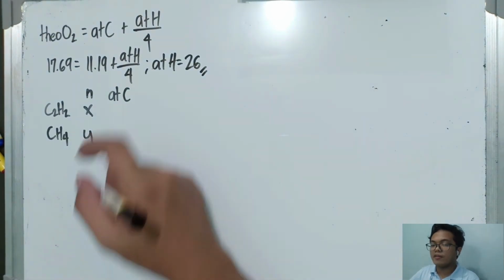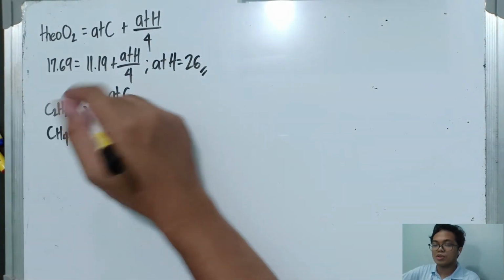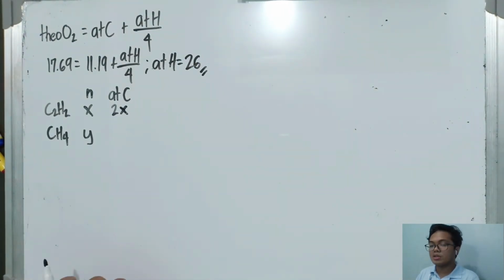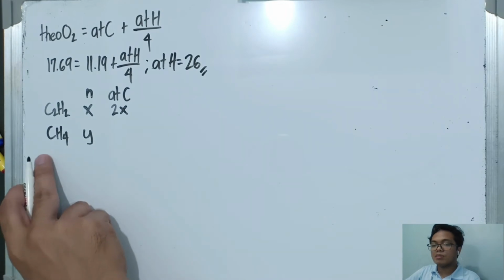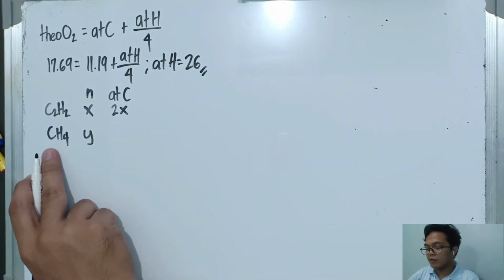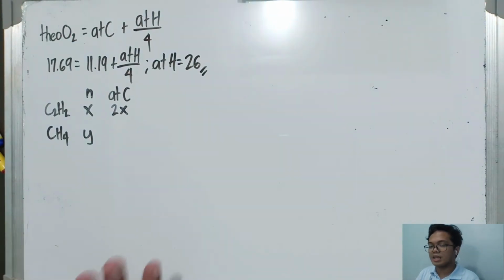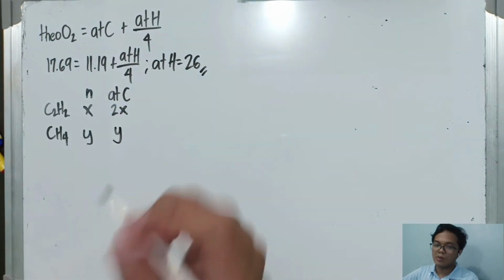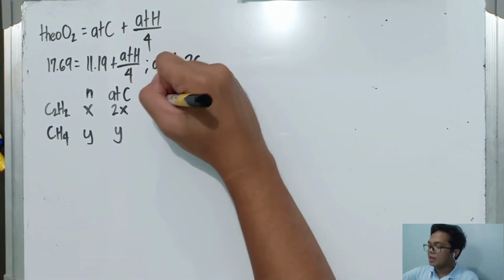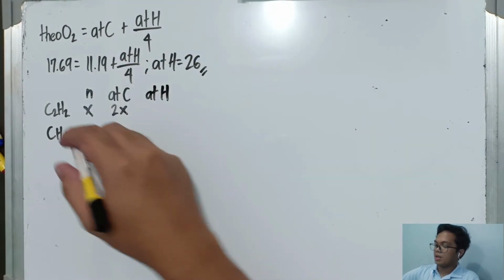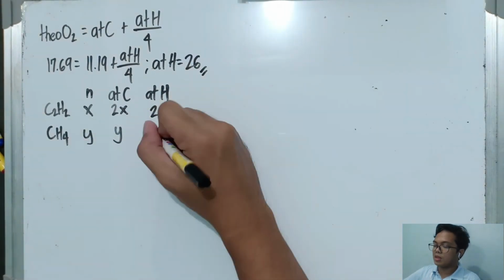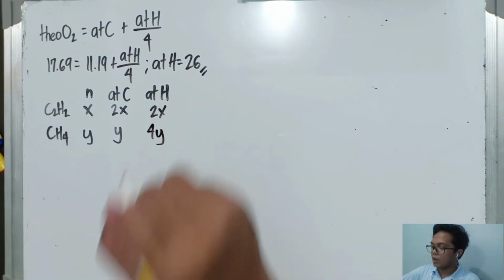So for at C of acetylene, this will be X times 2, which would yield 2X. As for CH4, this is Y times 1. So remember that if there is no subscript, that is always 1. Don't ever forget that. That is not 0. So this is Y, or 1Y if you want. And then we do at H, the same thing for acetylene, it's 2X. But for methane, this would be 4Y.